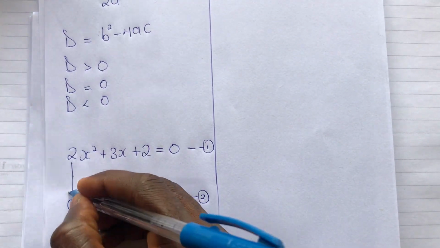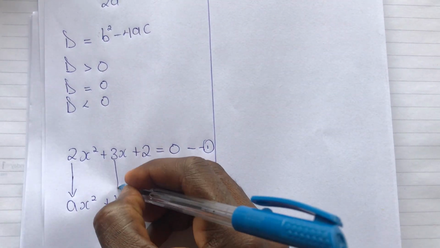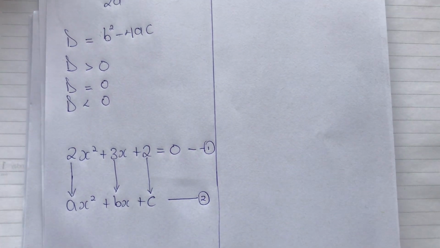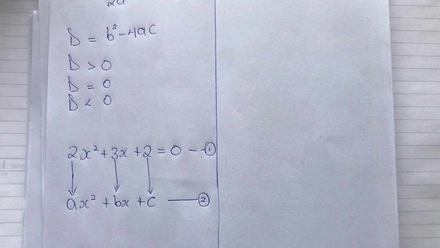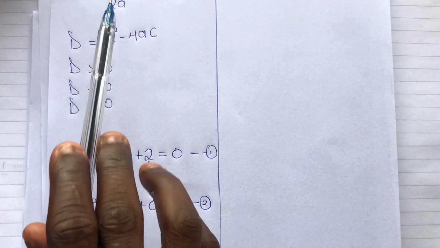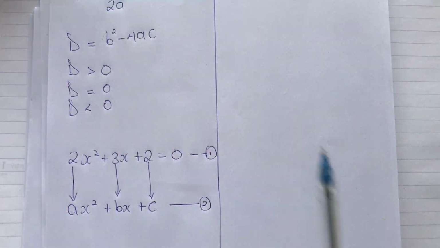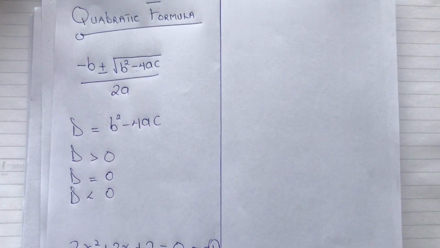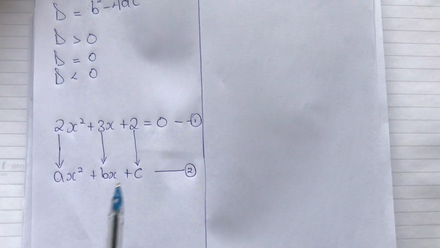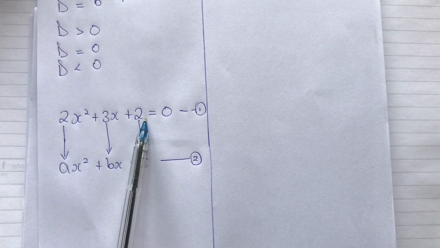So the value here is a, this is b, and whatever we have here is c. When we substitute the values of a, b, and c into the quadratic formula, we will be able to generate the roots of whatever equation is given to us.